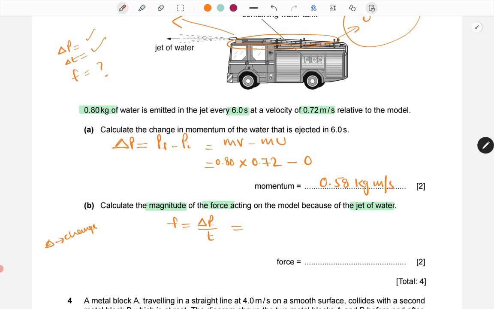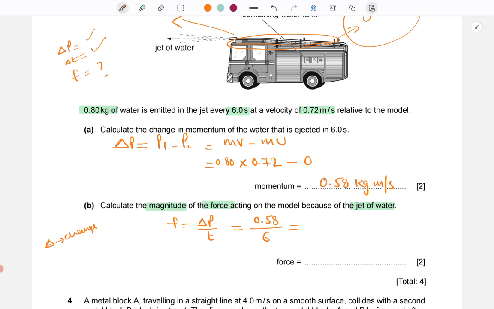So force is equal to change in momentum over time. We have already calculated the change in momentum in the first part, 0.58, so I'm substituting the value from the first part, and the time is 6 seconds. Now let's calculate how much it comes to.